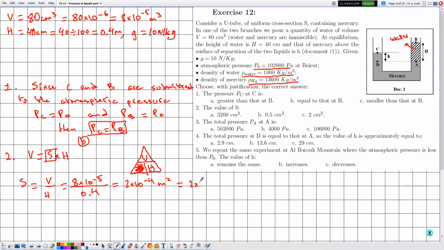Then 2 times 10 to the power minus 4 times 10 to the power 4, so the value of S in centimeter square is 2. So S is equal to 2 centimeter square, which means that the correct answer in this case is C. Let me make some space here.